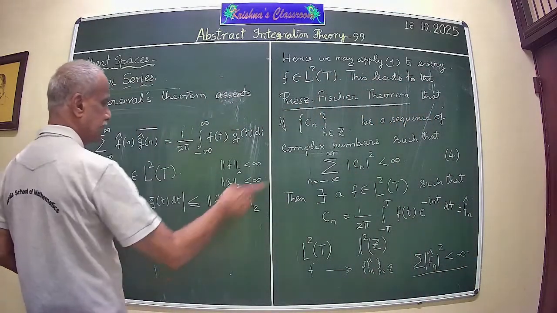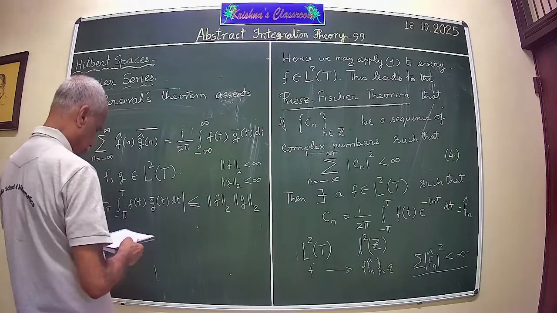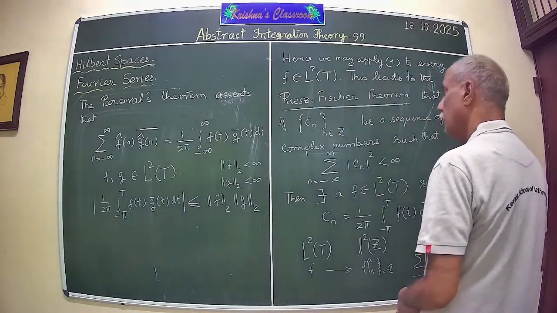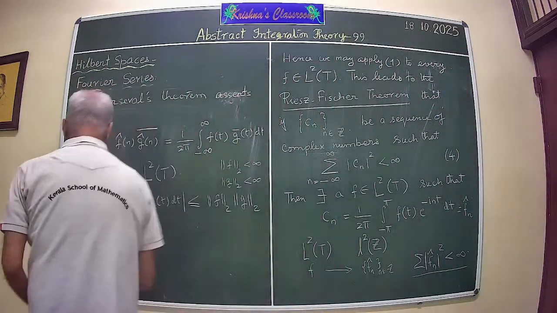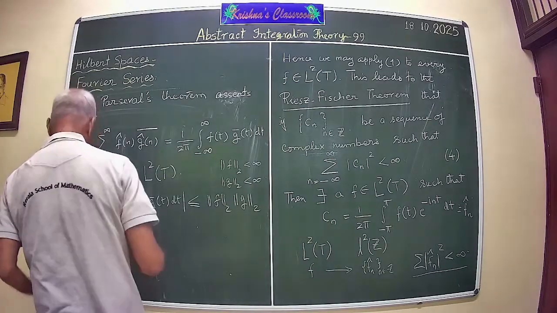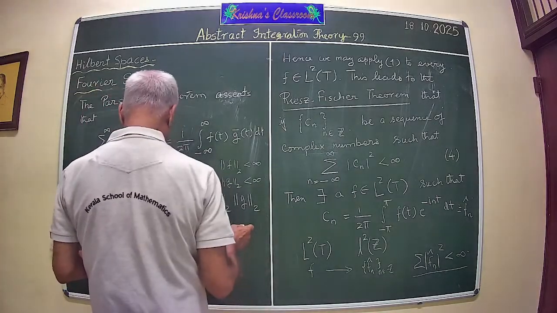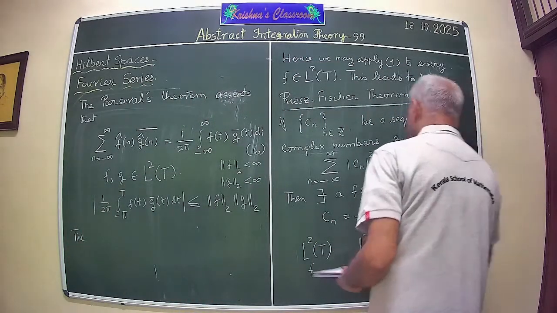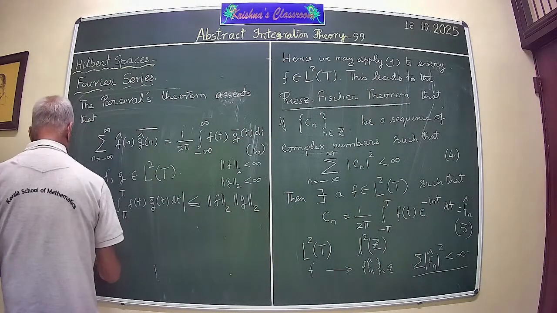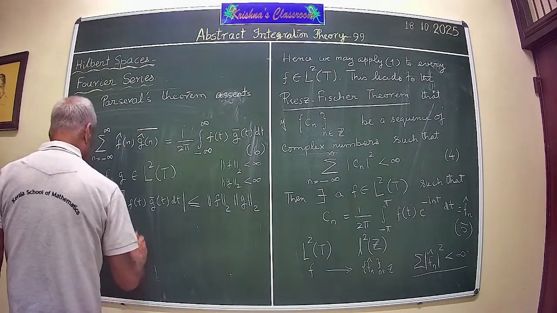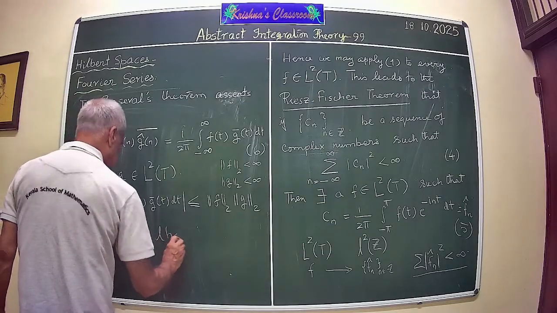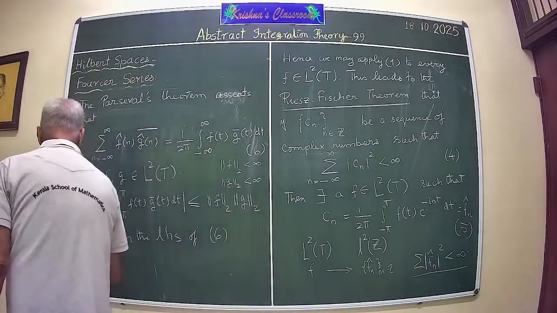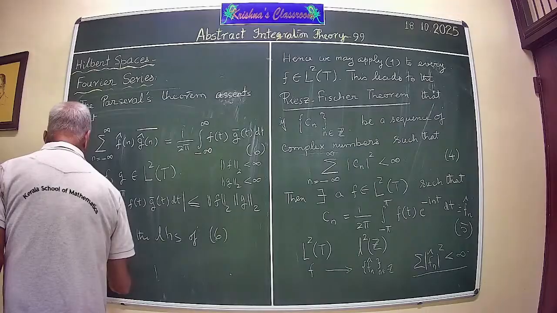See what is the result that we have. Now the series, I will just designate this by 6, and this by the series on the left hand side of 6 converges absolutely.